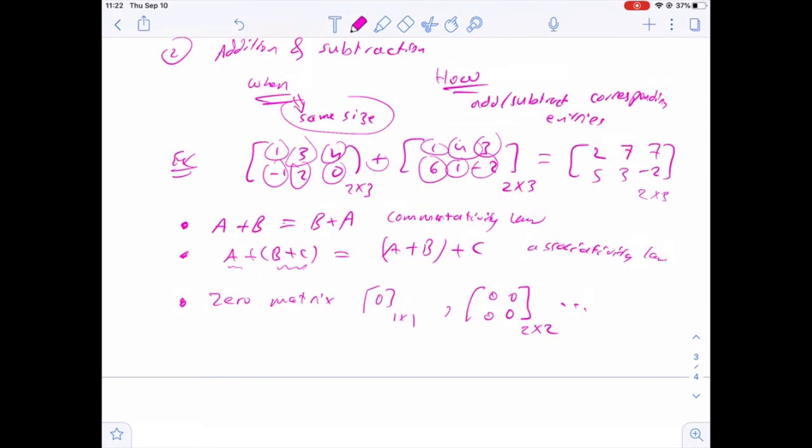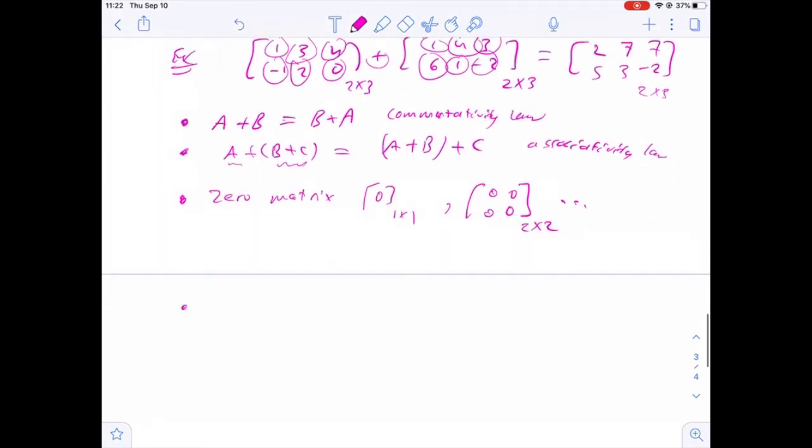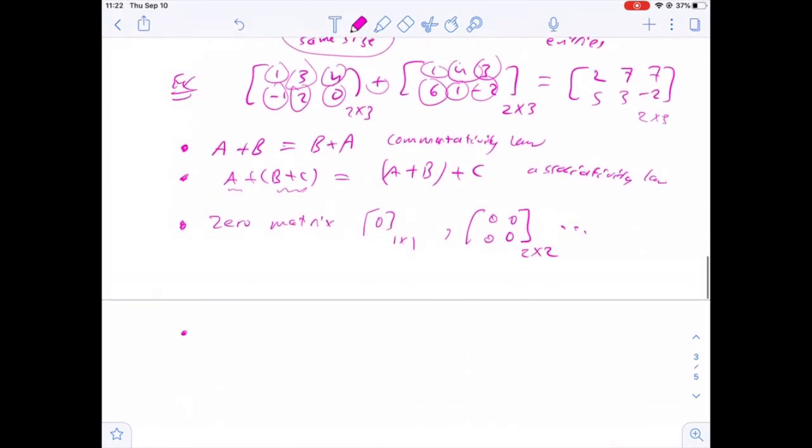Now we have another important property called transpose. We can consider it as an operation. The transpose of a matrix A is denoted as A transpose, and that means we interchange rows and columns.